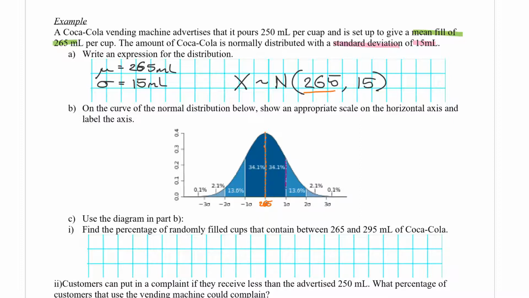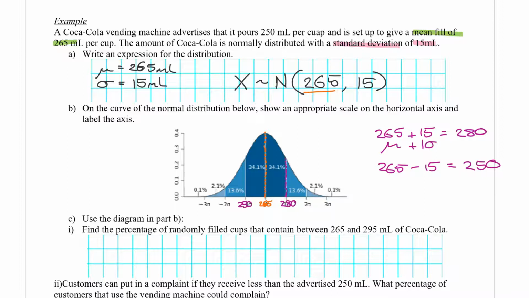Now, the next part of this is we have to label the other values. Going across one standard deviation, we know that if the mean is 265 and one standard deviation across is going to be plus 15, then we find that mu plus 1 sigma is going to come out to be 280, like so. And similarly, if we go the other way, if we go 265 take 15, then we're going to get 250.